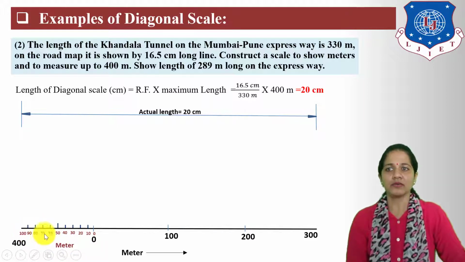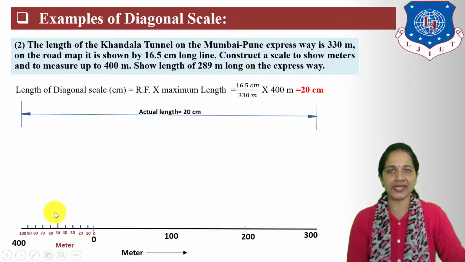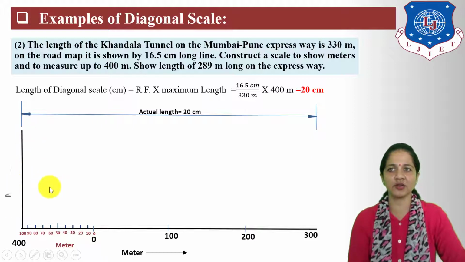Now, the ones part of meter is indicated on a vertical line. So, draw a vertical line from this 400 point, which also indicates meter.